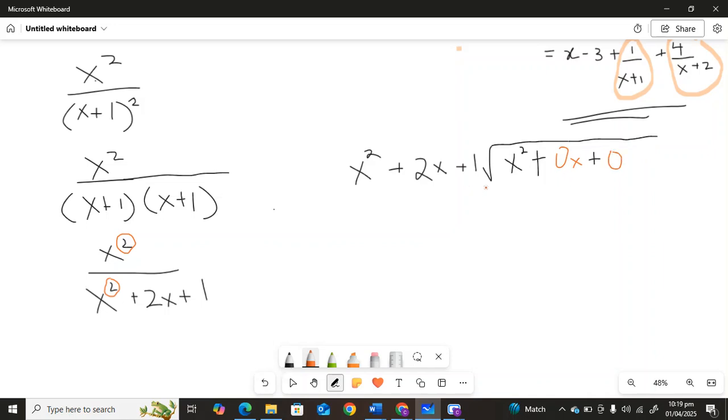So have you seen how I've written here the dividend x squared plus 0x plus 0? Always we have to maintain order.